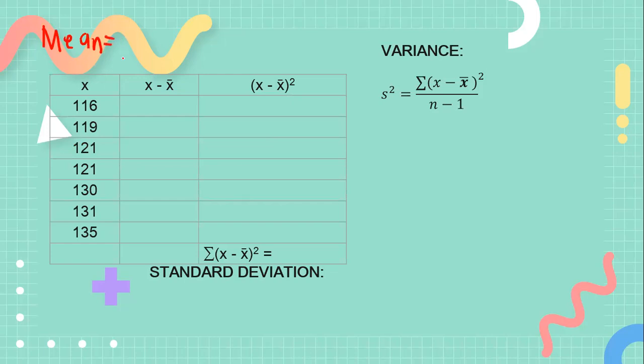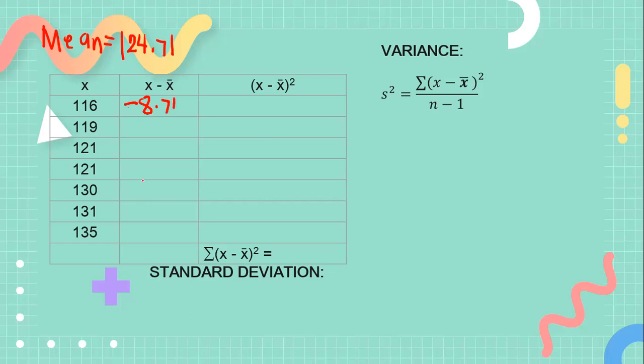It's 124.71, right? Now, 116 minus 124.71. What is it, class? Use the calculator to compute. Very good. It's negative 8.71.